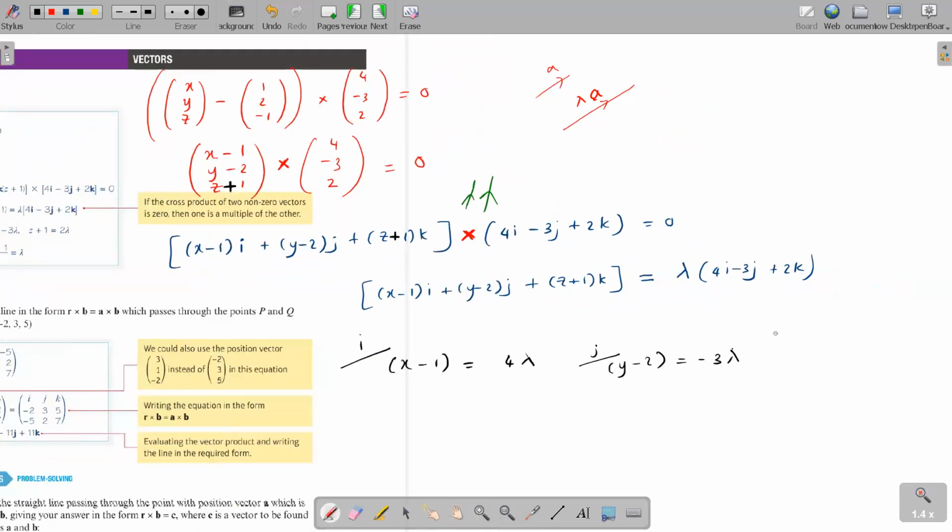And when you compare the k component, you get z plus 1 equals 2 lambda. Then lambda equals x minus 1 over 4, lambda equals y minus 2 over negative 3, and lambda equals z plus 1 over 2. So all of these are equal to lambda, right?